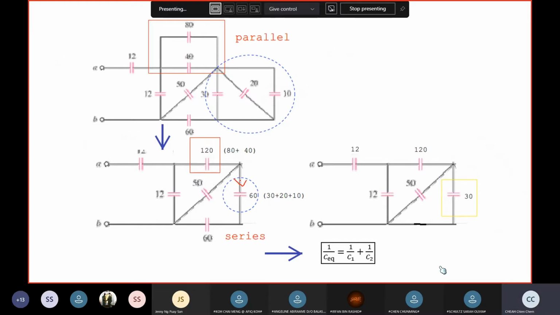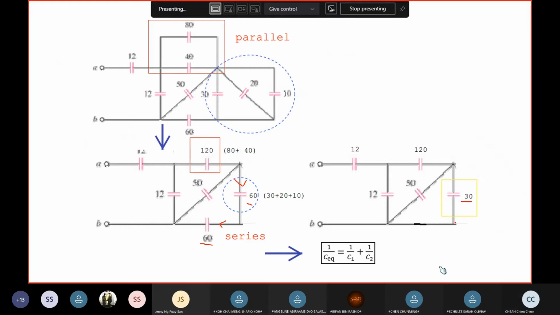It means 60 times 60 divided by 60 plus 60. So it gives you half. So this is simplified to 30.